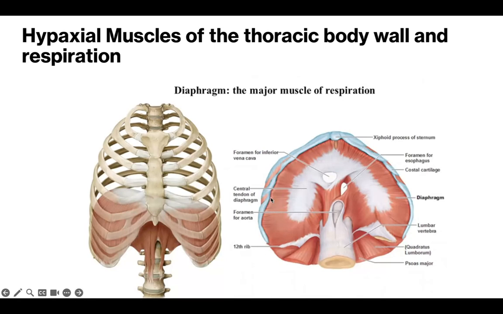If we're looking at this origin point, it's going to be pulling in that direction, okay? So what actually happens is this dome becomes flattened, all right? It'll be just flat at the bottom of the thoracic cage. So when it contracts, it becomes flat. That allows for an increase in volume in the thoracic cage.